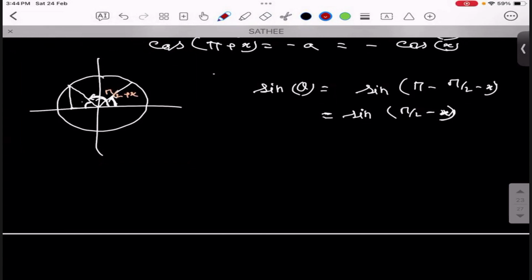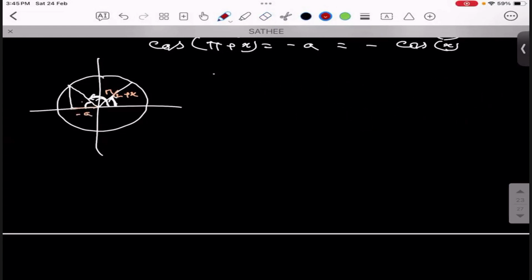This angle will be pi minus pi by 2 plus x. This is given by our minus a and b. This is our minus a, this is our b, this is the point P, minus a comma b.